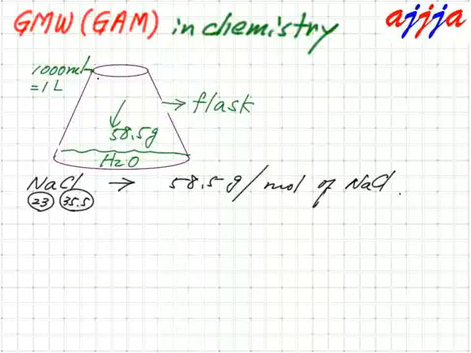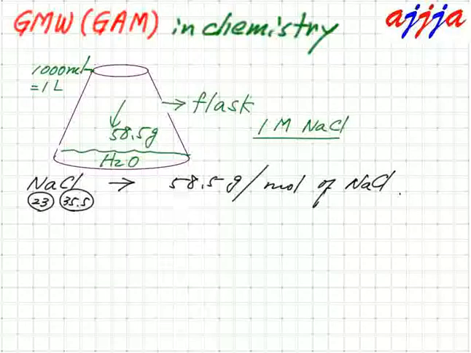Then you put more water up to that point, which is 1 liter, so the whole thing is one solution. That kind of solution we call 1 m. Remember, actually 1.0. Okay, 1 mole. In other words, a 1 m solution of NaCl. That's what it is.